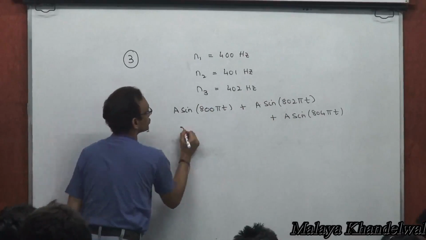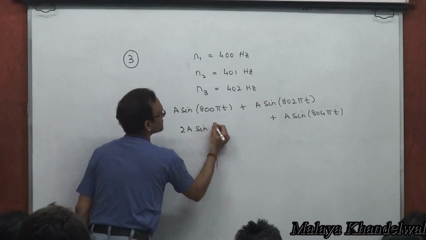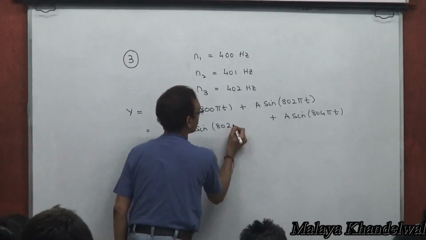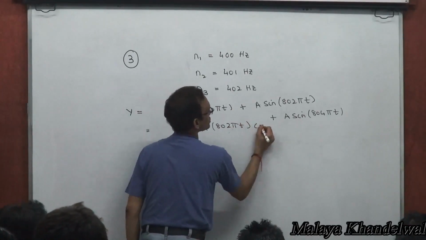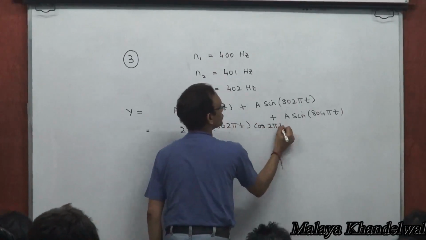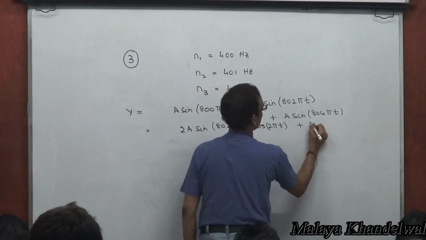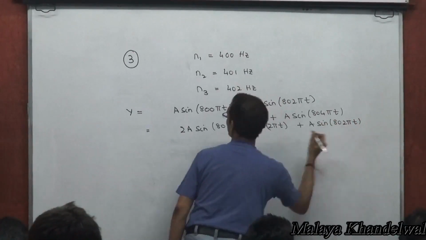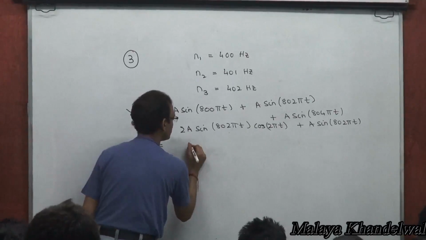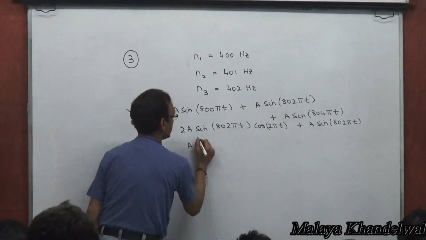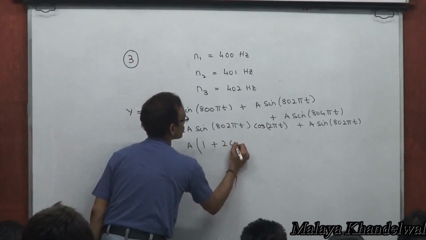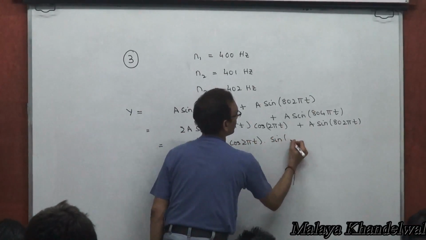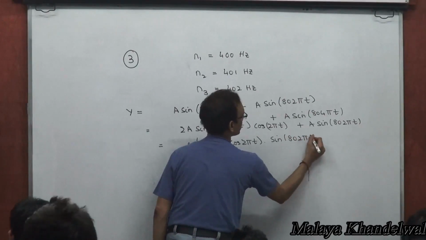So then this is like 2A sine (C plus D) by 2 cos (C minus D) by 2 plus A sine 802 pi t. This is like A into 1 plus 2 cos 2 pi t into sine 802 pi t.